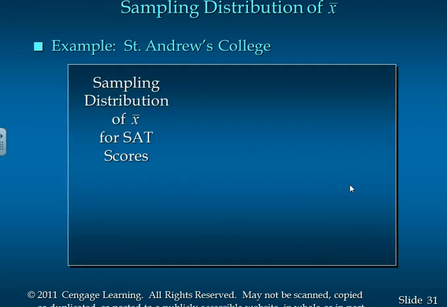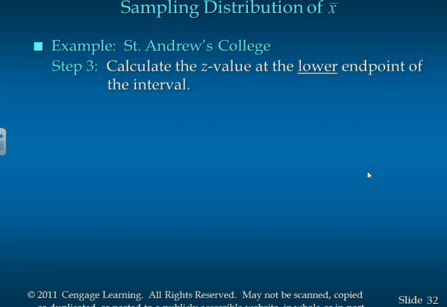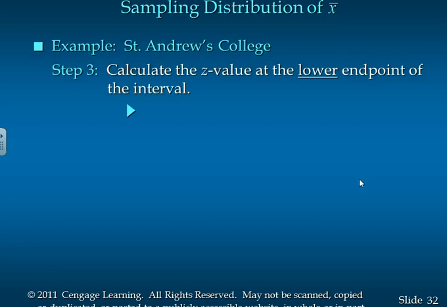St. Andrews College, sampling distribution of the SAT scores. Right? 1100, the area that side of 1100. Calculate the z-value at the lower endpoint of the interval.